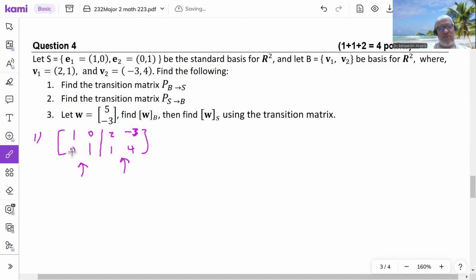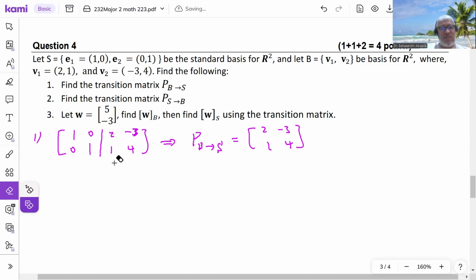But this is already the identity matrix. So here, the transition matrix from B to S is equal to 2, negative 3, 1, and 4. Because S is the standard basis, the transition matrix from any basis to S is the basis itself, B.